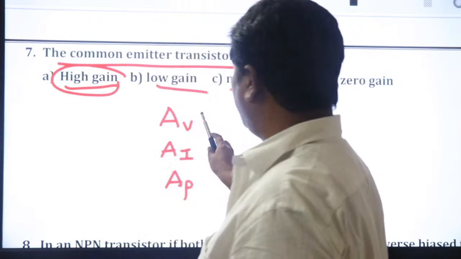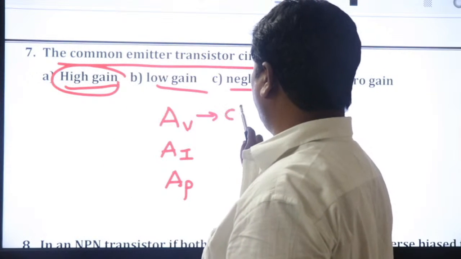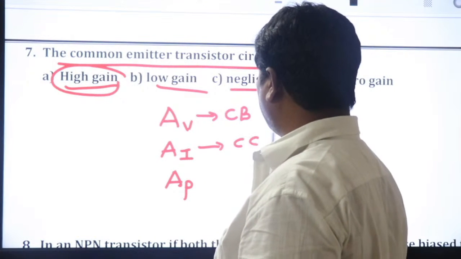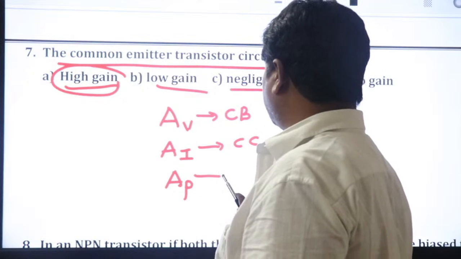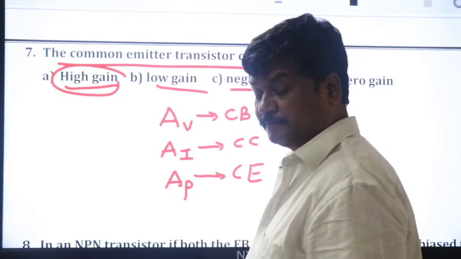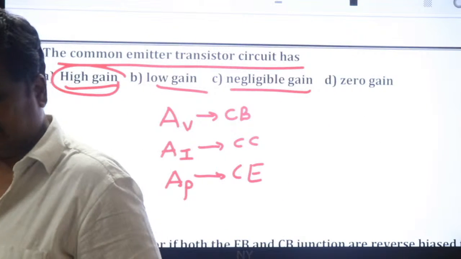Voltage gain is highest for common base, current gain is highest for common collector, and power gain is highest for the common emitter configuration.